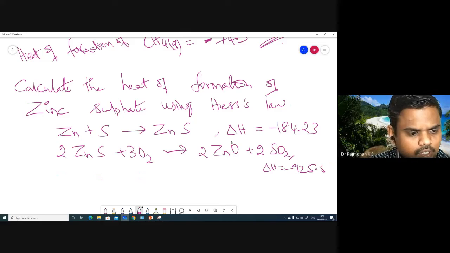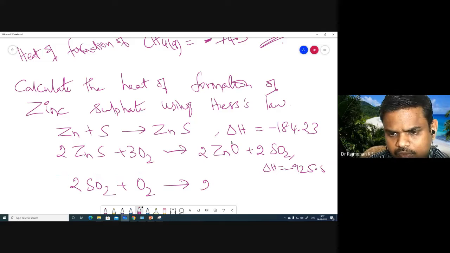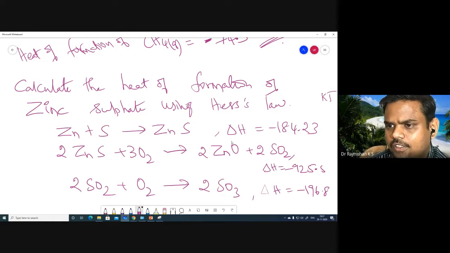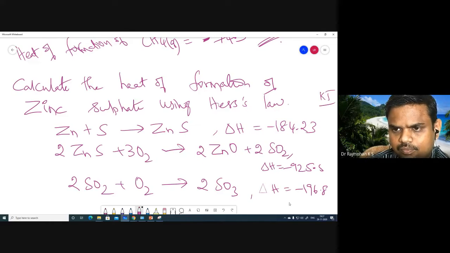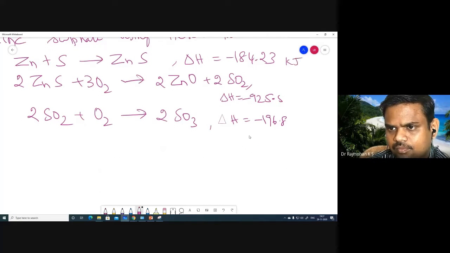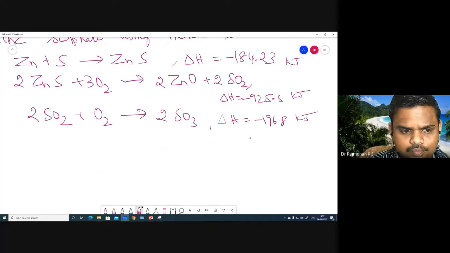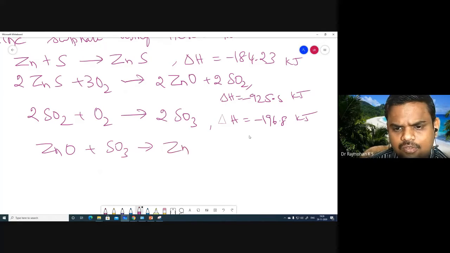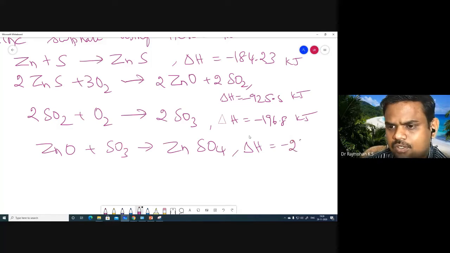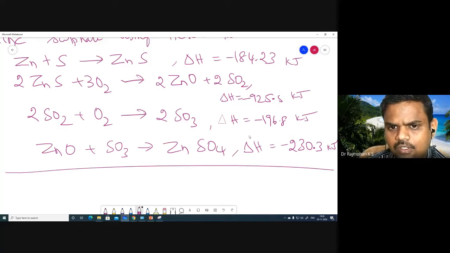The third reaction is given: 2 SO2 plus O2 gives 2 SO3, delta H equal to minus 196.8. All are in kilojoules, let us assume. The last reaction is zinc oxide plus sulfur trioxide forming zinc sulfate, with delta H equal to minus 230.3 kilojoules. So this is the question given.